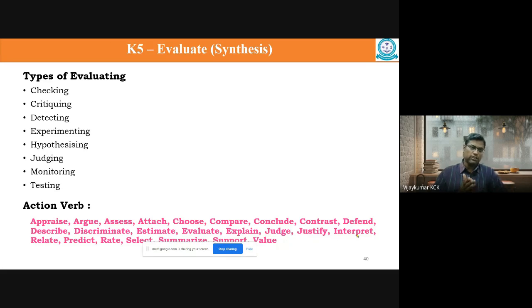Maybe this can be PG level, or where higher expectations of the student are there, then we can go up to this level, K5 and K6, using action verbs like appraise, argue, compare, conclude, contrast, and these things.